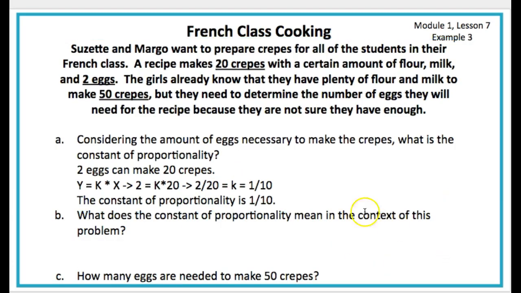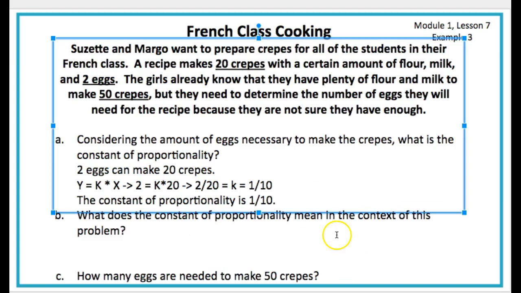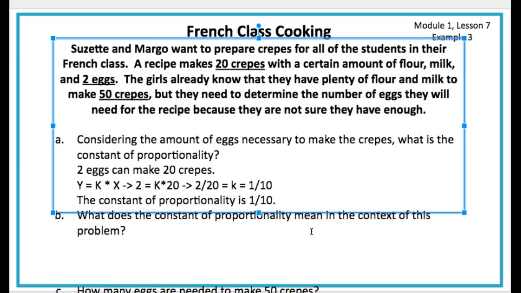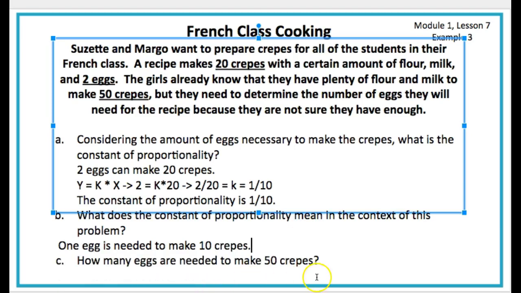So part B, what does the constant of proportionality mean in the context of this problem? So we know 1 egg is needed to make 10 crepes. So in order to solve part C, substitute in our equation y equals k times x.